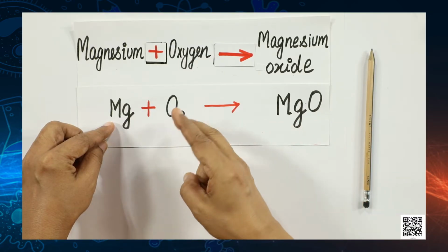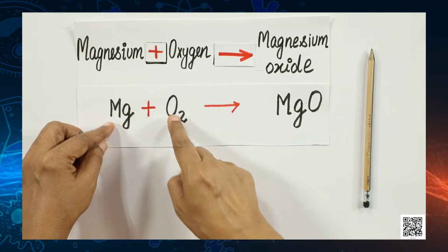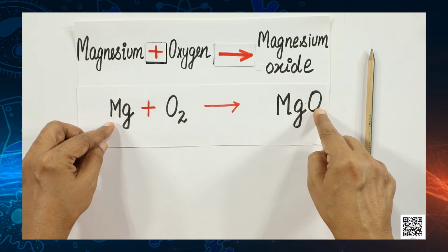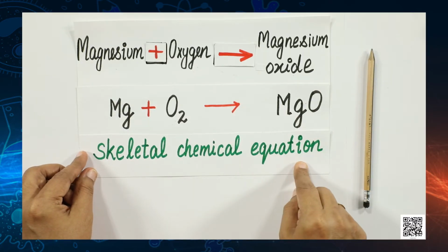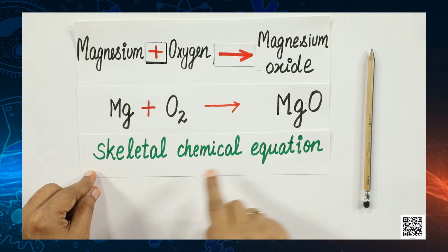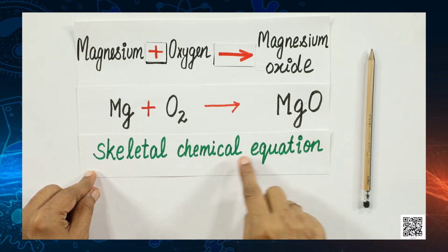So, these are same, but here we have 2 atoms of oxygen and here we have only 1 atom of oxygen. So, these are not same, and what will such an equation be called? Because it is unbalanced, mass also is not same on both the sides. So, such an equation is called a skeletal chemical equation. This equation, because it is not balanced, is a skeletal chemical equation.